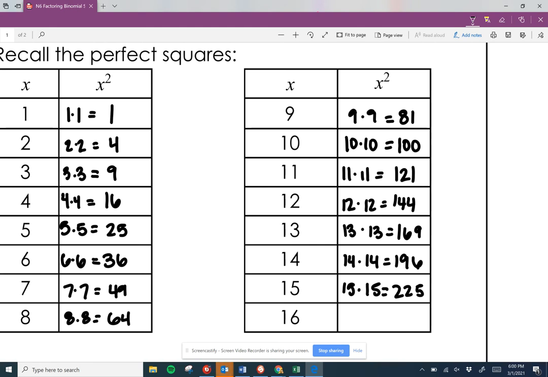And 16 times 16 is 256. Okay, so these are the perfect squares we're going to want to recognize to help us out.